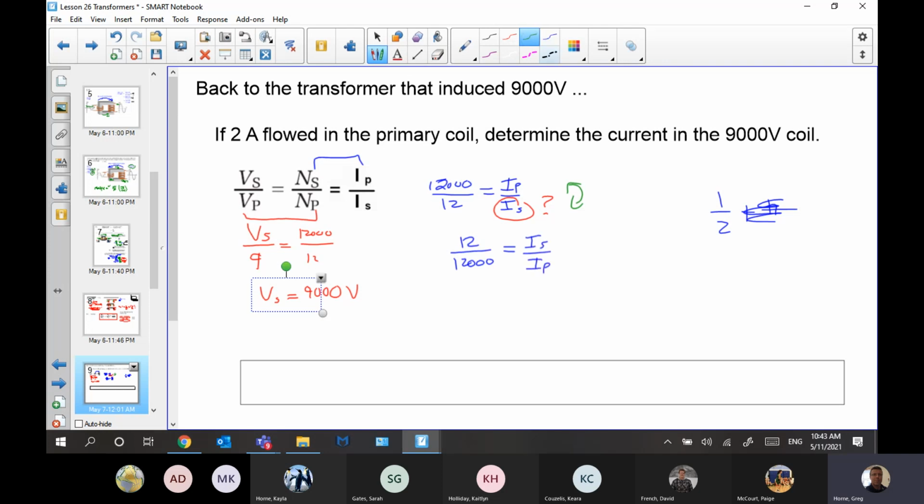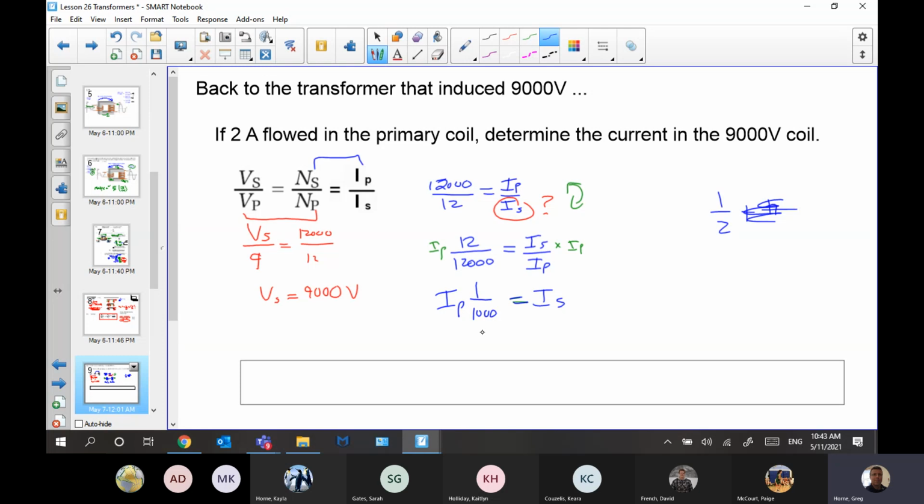And then all I have to do is multiply both sides by the primary current. And you can see what we're getting here, idea-wise, is this current on the secondary coil is going to be whatever the primary current was, but multiplied by 1 over 1,000, right?